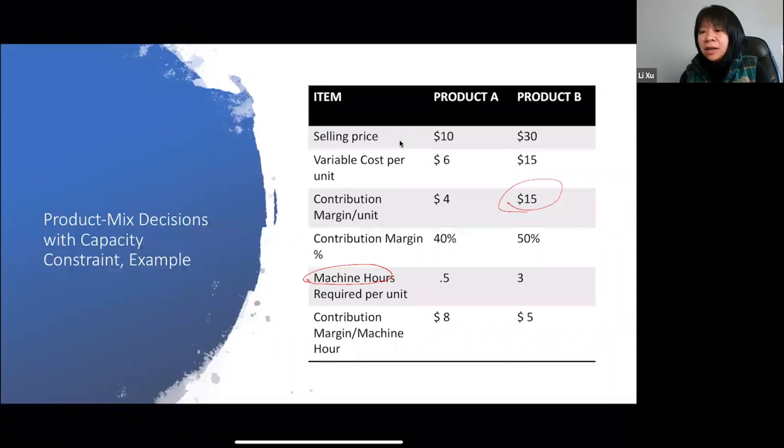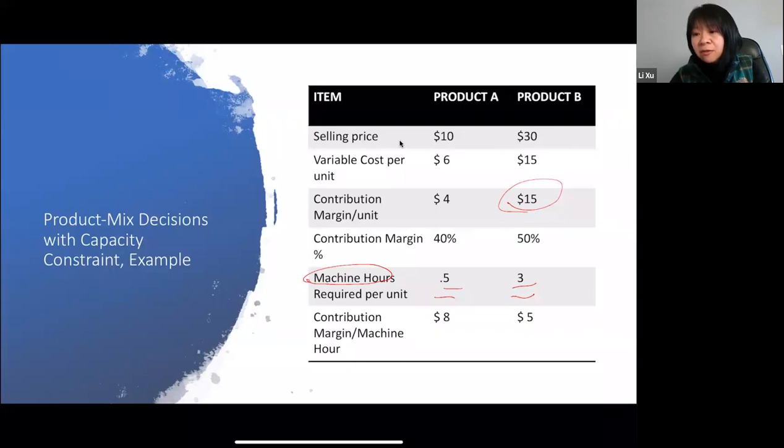So here, look at here, to produce 1 unit of product A, you need 0.5 machine hours. To produce 1 unit of product B, you need 3 hours. Okay, so if you just take the contribution margin divided by the machine hours, you can see here each machine hour, the contribution margin is $8.